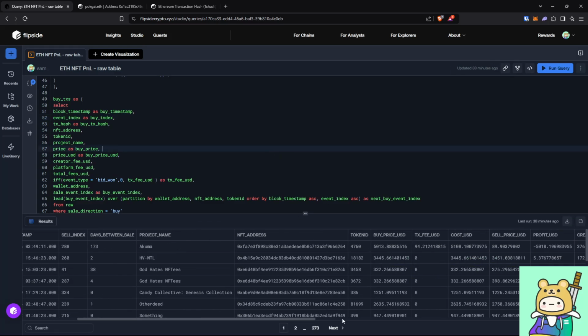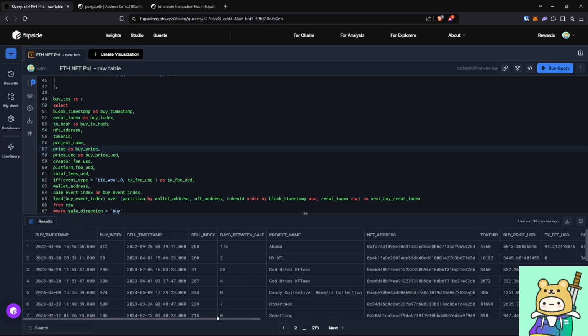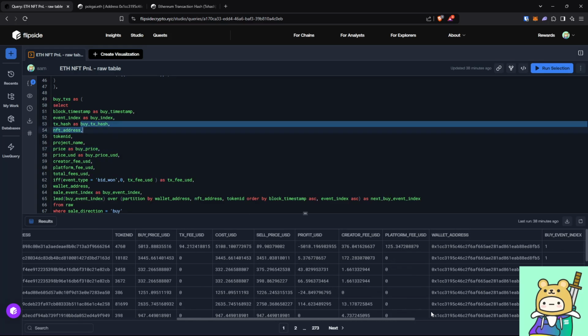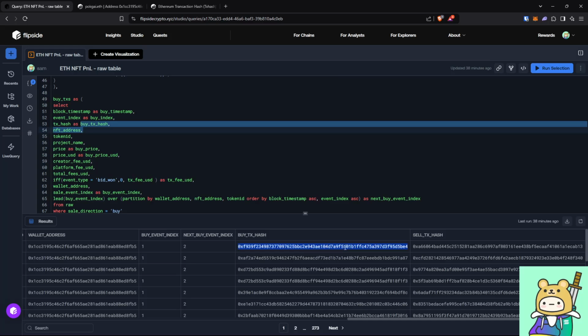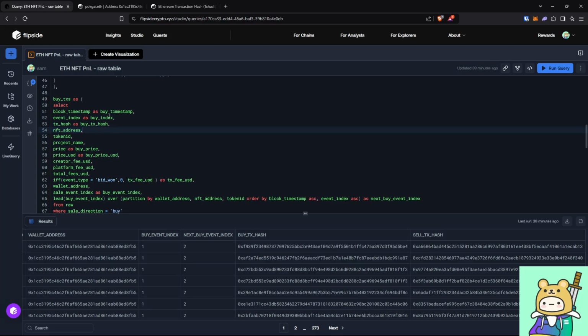As you can see over here, spoiler alert, buy timestamp, sell timestamp, because I can then calculate the number of days in between the buy and sell. I don't know, just another metric that you can choose to analyze, right? And then buy transaction hash, because you can easily double check your work if it's indeed really a buy followed by a sell, right?